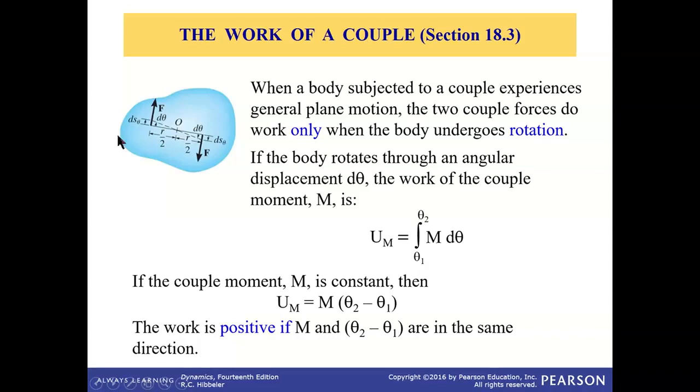In other words, if these forces are applied on a rigid body, and as a result of these forces the rigid body changes its angle from theta 1 to theta 2, then the work done by couple moment can be calculated using this equation.